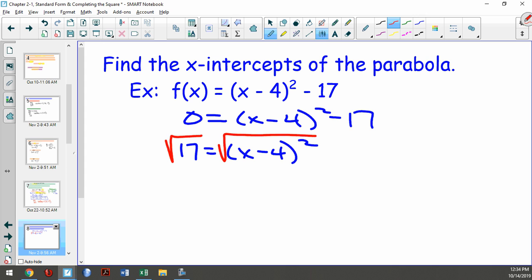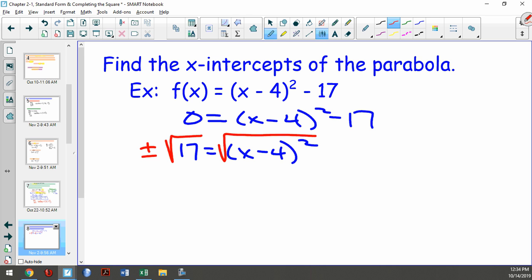But when you take the root of a number and I have a power of squared, what do you have to do on the left-hand side with the square root of 17? What do you have to put in front of it? Plus. Yes. You have to put plus or minus there. Okay?